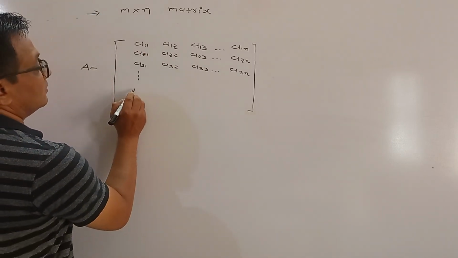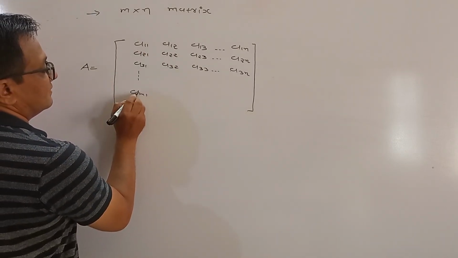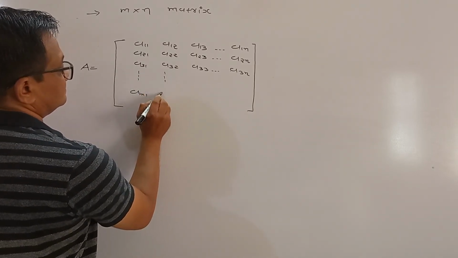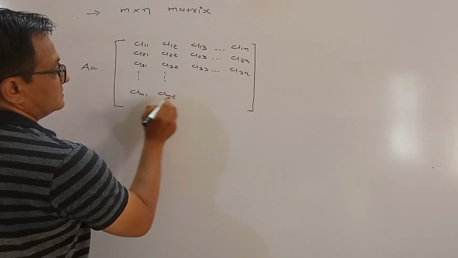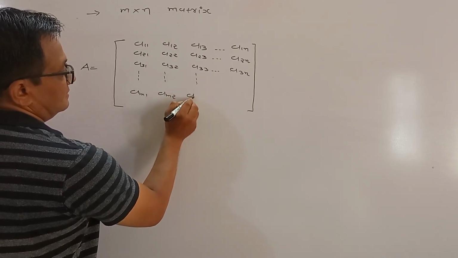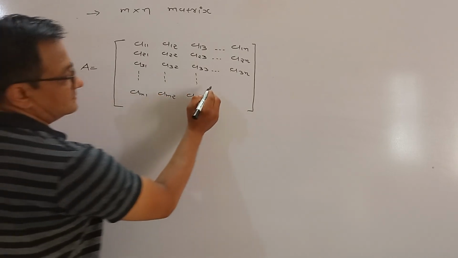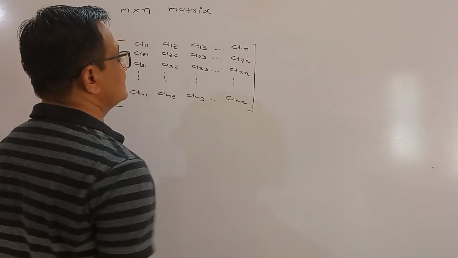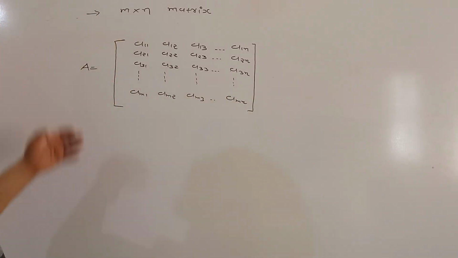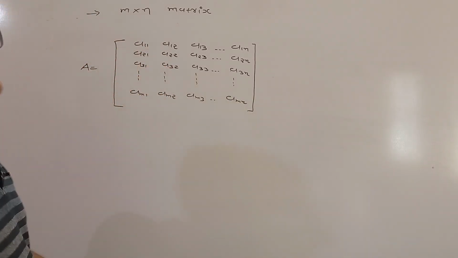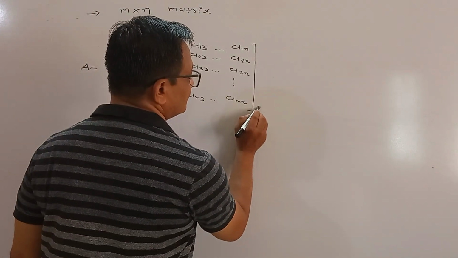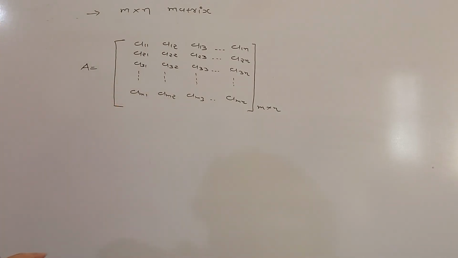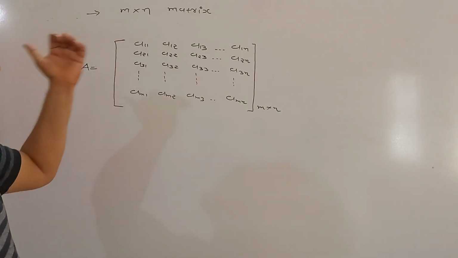So for the mth row: am1, m row and first column, then mth row second column, mth row third column, and the last element is amn. So here is the array of an m by n matrix, with m rows and n columns. All the arrangement of mn elements is done by m rows and n columns.